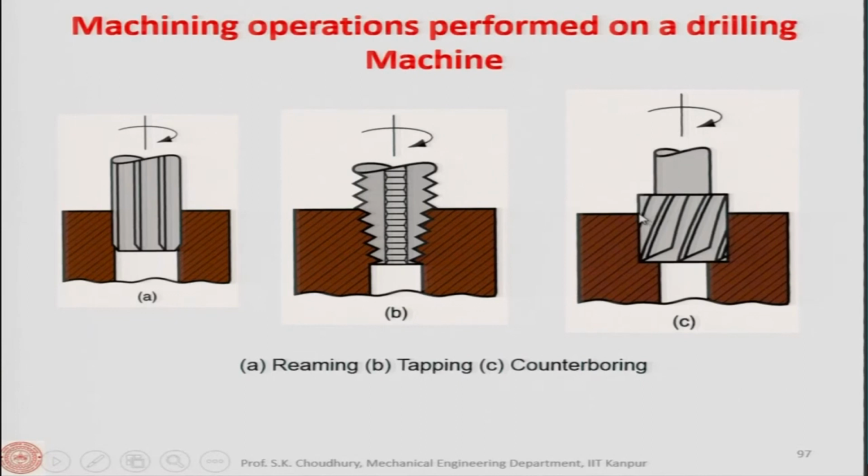It will be sunk, that is why it is called counter boring. There are also other purposes for which counter boring is used, and we will see that later, and also some of the uses we will see in the laboratory.